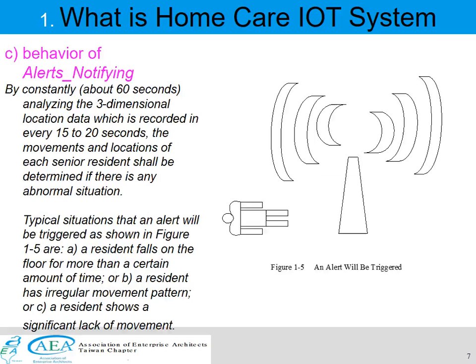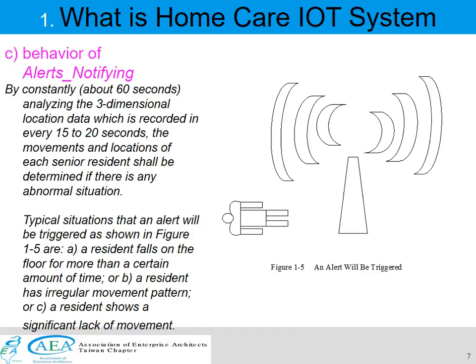The third behavior, alert notifying. By constantly analyzing the 3-dimensional location data, which is recorded every 15 to 20 seconds, the movement and location of each senior resident shall be determined if there is any abnormal situation.